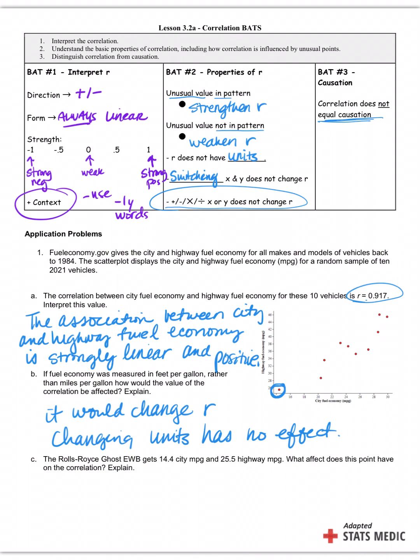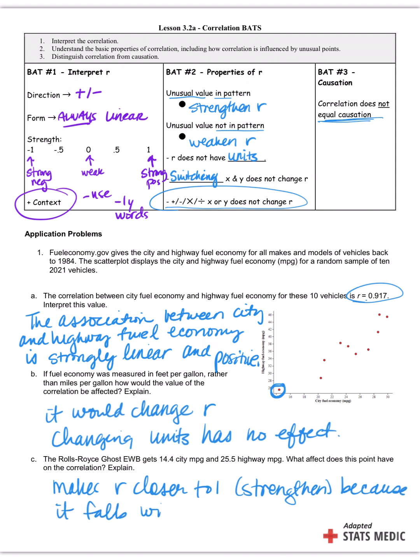We're not perfect here, remember? We're stats. We're just roughly, we're approximate, everything. It's within the pattern, so your logic would be it would strengthen R. Okay? It would strengthen it. It would make R closer to 1, or you can say strengthen. Either way is fine. Because it falls within the pattern of the data.